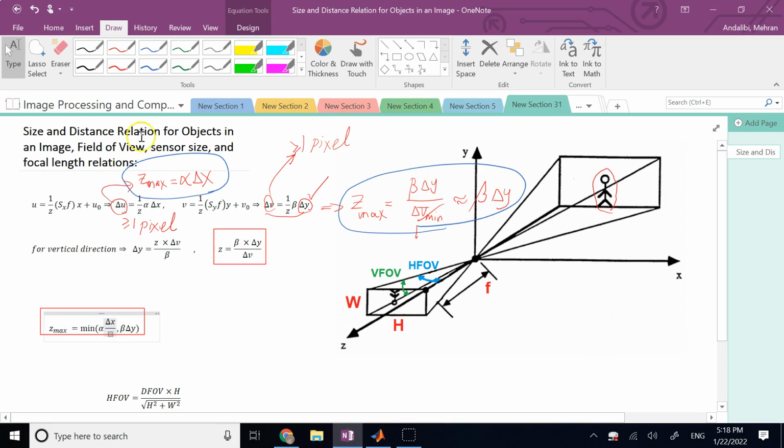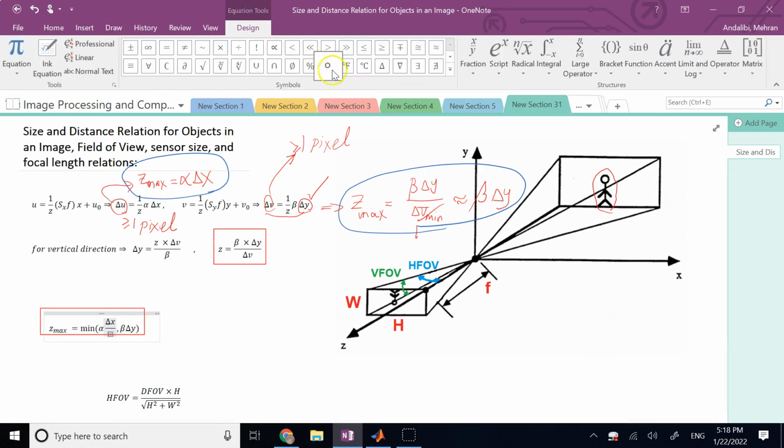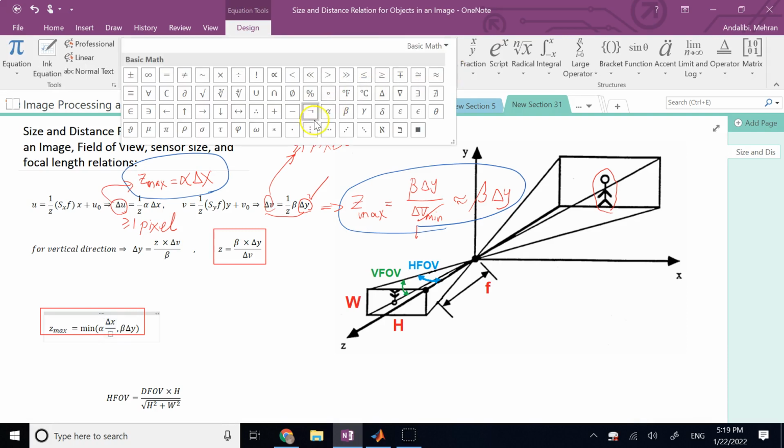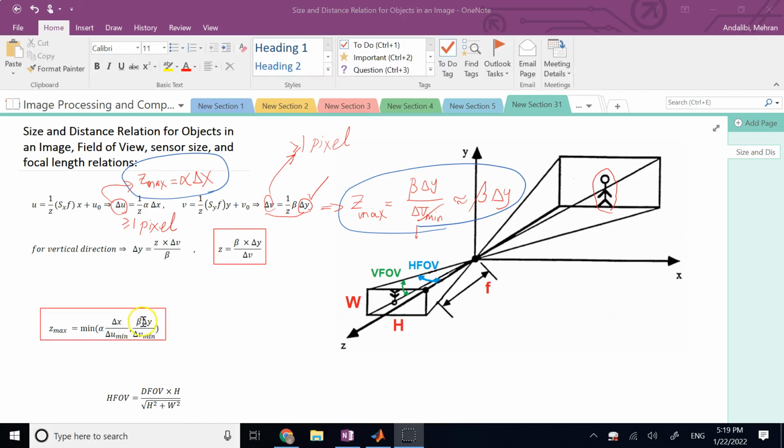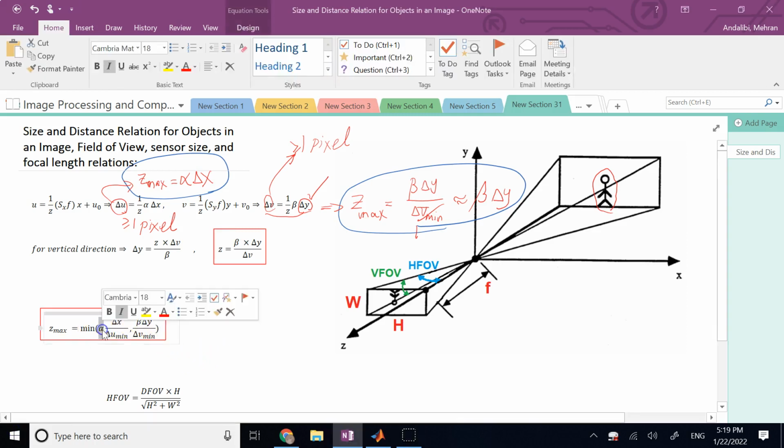If you don't think you can do it at 1 pixel, then what I recommend you add is a del U minimum here, right? And also a del V minimum for delta Y, just like this formula that you can see here.